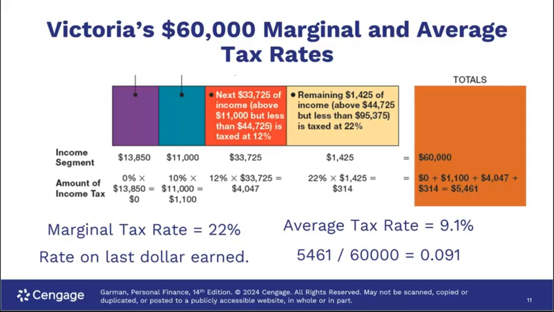If we look at this example, Victoria's marginal tax rate was 22% because she's in the 22% tax bracket. Her average tax rate is her tax liability divided by her taxable income, and so that's 9.1%.